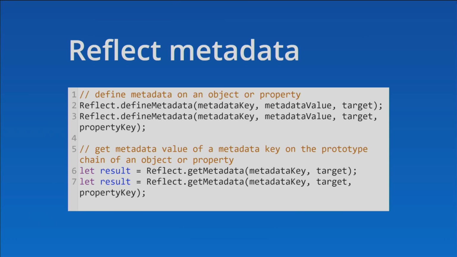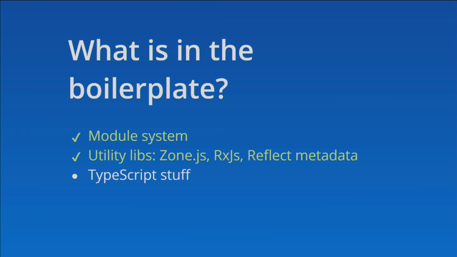That's it. And then we can get this metadata later. So for example, selector or template is the example of the metadata. And this is how Angular works with those decorators. Basically, every time the decorator is running, then they do some reflect metadata call, usually. Okay. And that was all for utility functions.